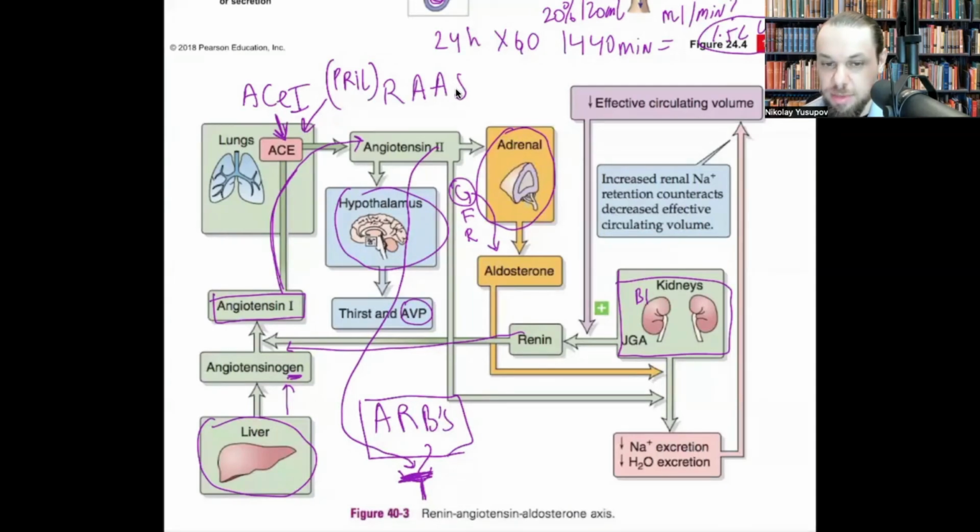So this is another method of doing that. We also have a medication called spironolactone. It blocks aldosterone, whose role, right, was salt and water retention. So spironolactone works there to block the aldosterone. So these are some of the targets of the drugs that will block the system.